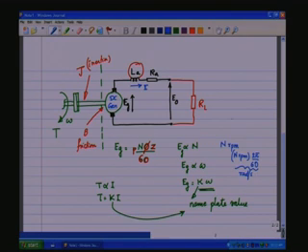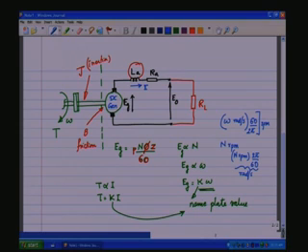Or if you have omega in radians per second and have to represent it in terms of RPM, multiply by 60 by 2 pi to get RPM. This is how one goes about converting. Now, EG is proportional to omega, the shaft speed, and it is equal to k omega, where k is a constant which is fixed for a machine, and that is sometimes given as the nameplate value.